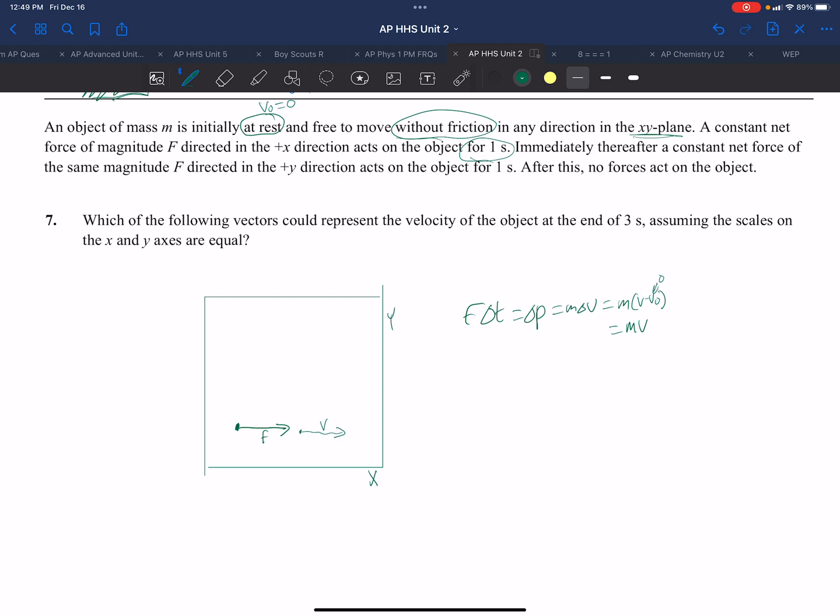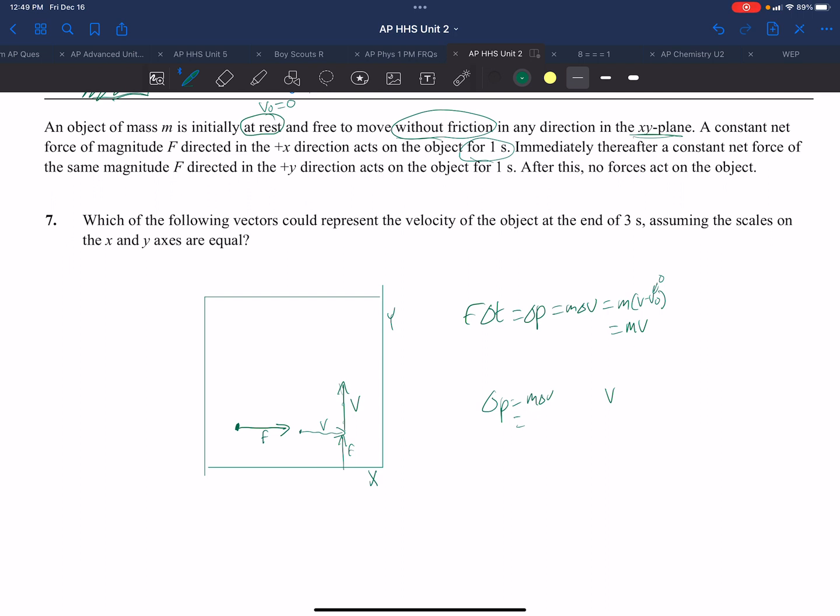Immediately thereafter, a constant force of the same magnitude is in the y direction for 1 second. So there's going to be a force in this direction for 1 second. And since this is now at 90 degrees to it, it is going to bring about also a change in mv. Delta p will be m delta v. And so the final velocity will be the same velocity in the vertical direction as it had in the horizontal direction.